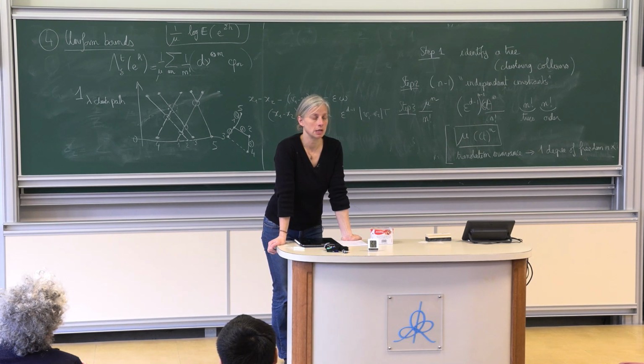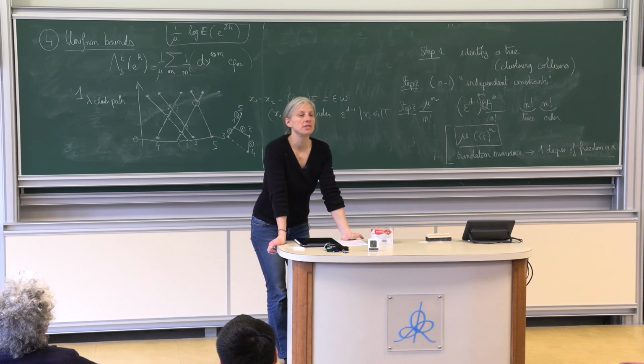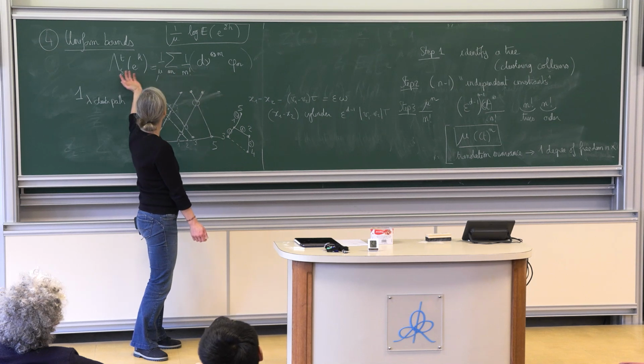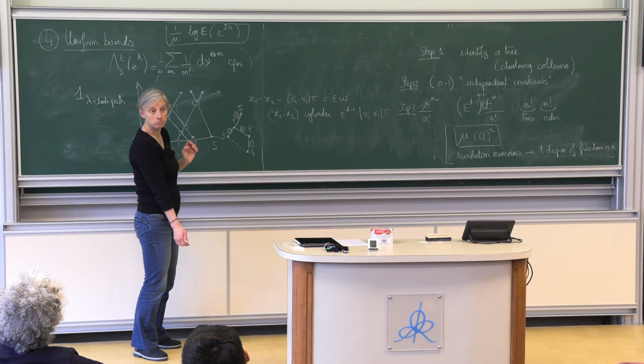Exactly. But at this moment, I have not yet identified the Boltzmann equation. Yes, but it concentrates on something. And this something is actually the first derivative of the limiting functional here.